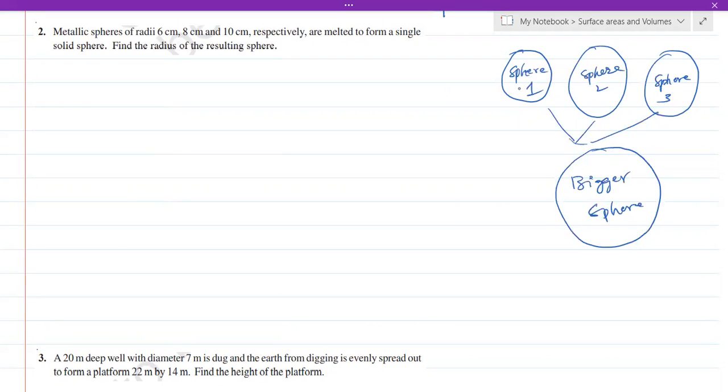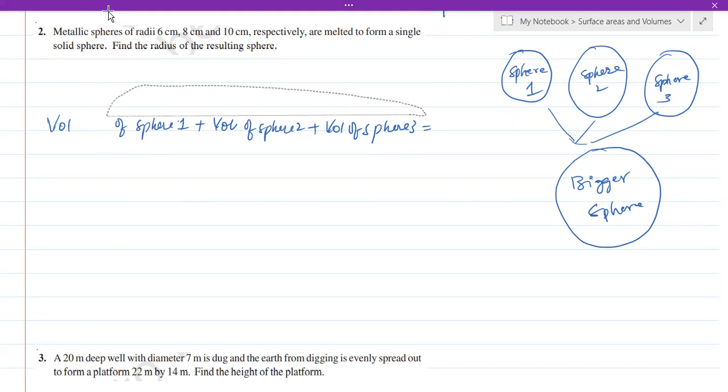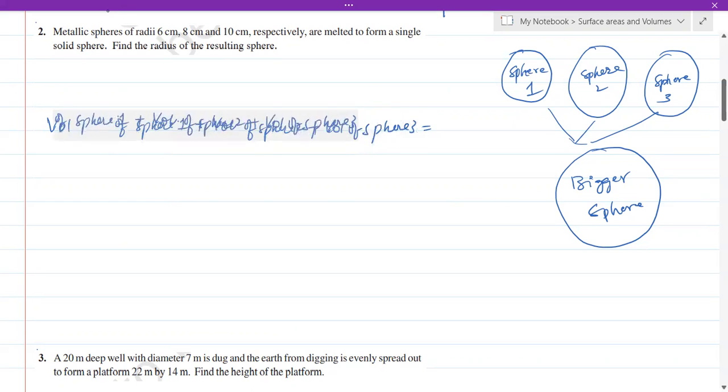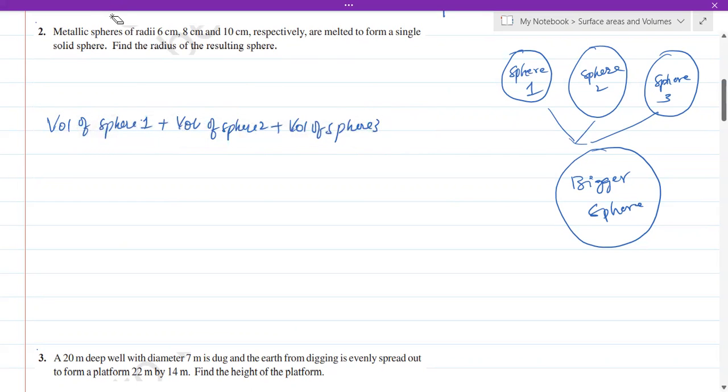Remember, what remains same? The volume remains same, isn't it? Therefore, the volume of sphere 1 plus volume of sphere 2 plus volume of sphere 3 is actually equal to volume of the bigger sphere.